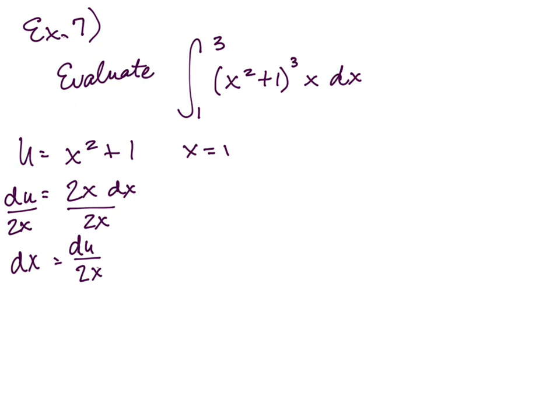Put the 1 in place of X in this U situation. So where X is 1, U is, plug the 1 here, 1 squared plus 1 is 2. So my new limit of integration is going to be a 2 instead of the 1. It's a whole new world. We said goodbye to the X.